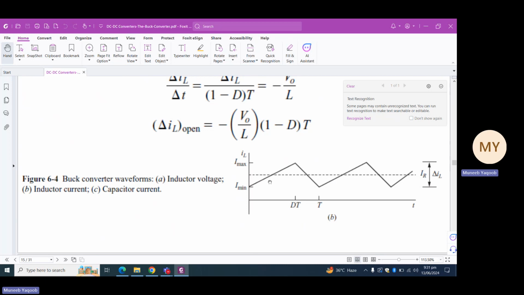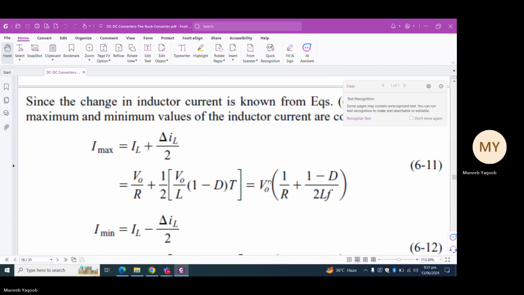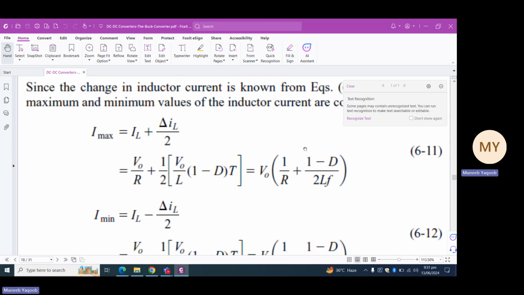So keeping this figure in mind, we can see that I maximum is IL plus delta IL upon 2. Hence, if we put the expression of delta IL in this equation, we get the expression that I maximum is Vout times 1 upon R plus 1 minus D upon 2LF.